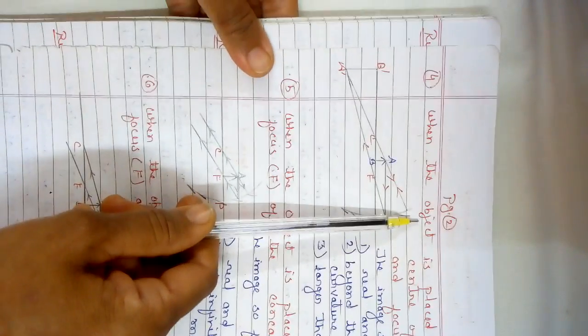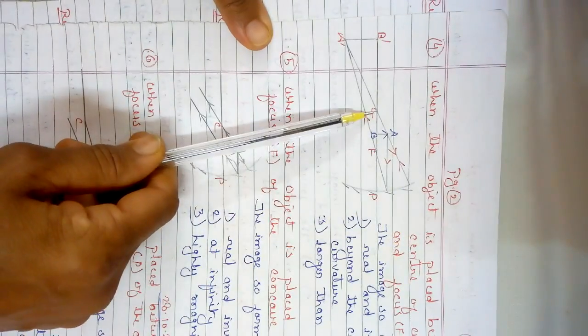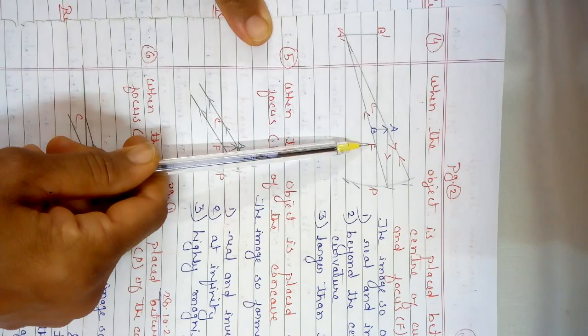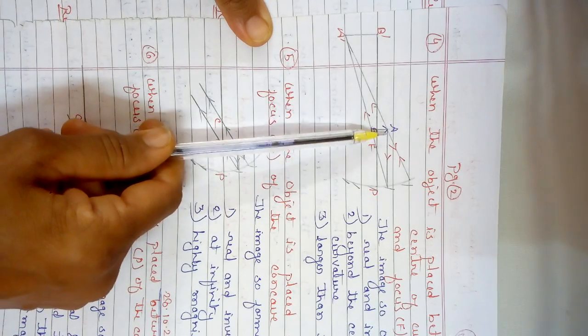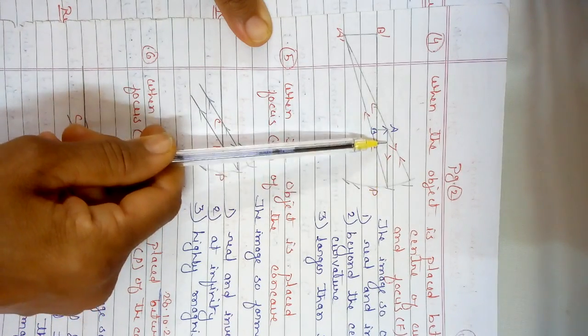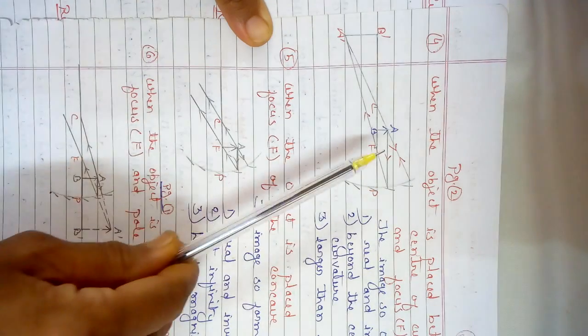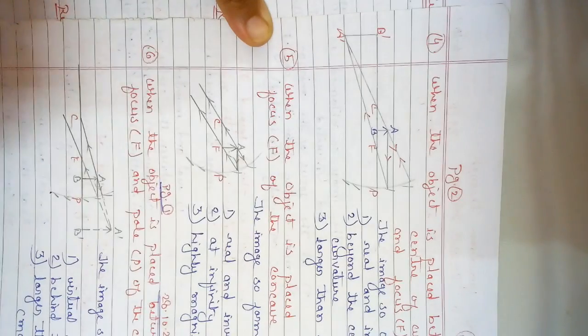Situation 4, when the object is placed between the center of curvature and focus of the concave mirror. Again, one ray will be considered which is parallel to the principal axis, and one ray which is passing through the center of curvature of the mirror.